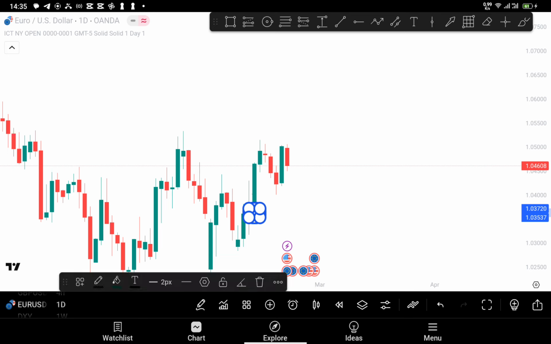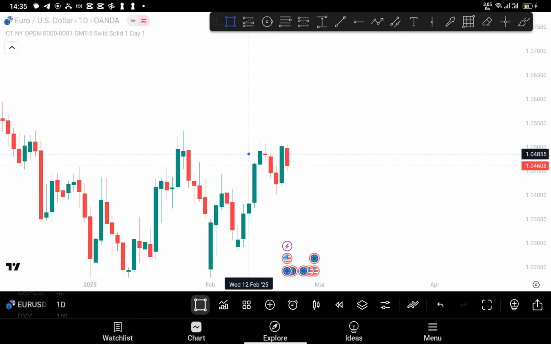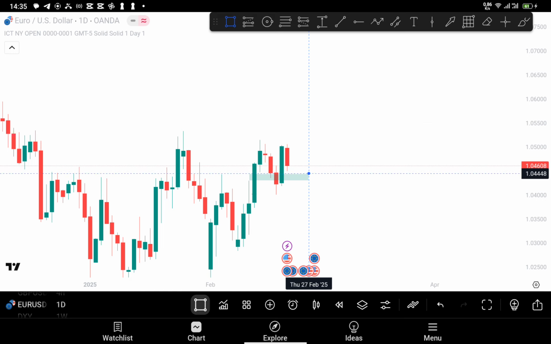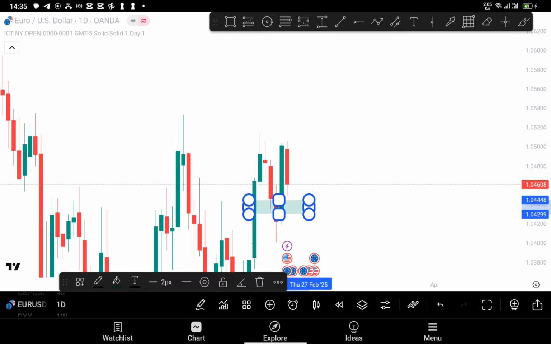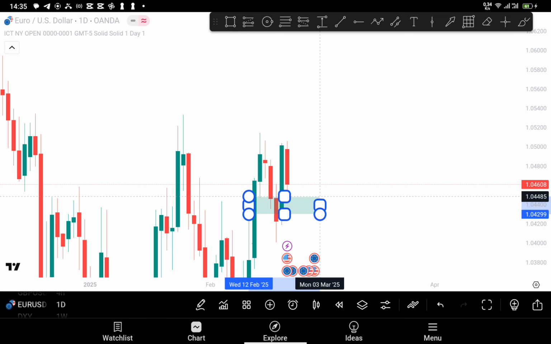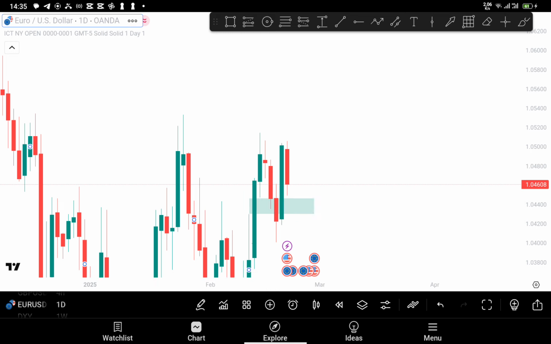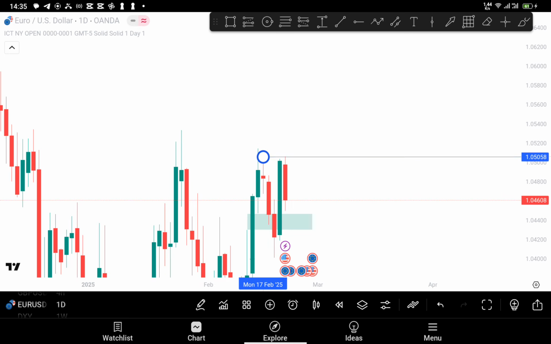Okay, what happened with the euro is that we went below. Monday was a consolidation, and so is Tuesday. No, this is Monday. Monday was an indecisive day.